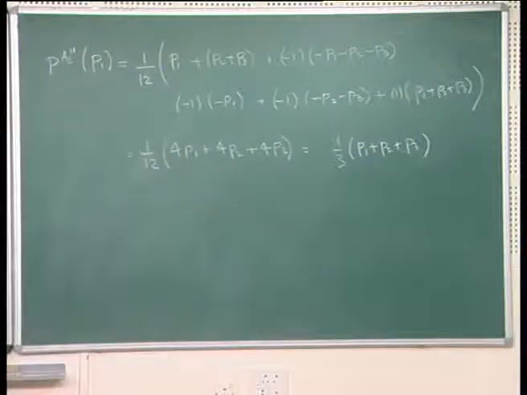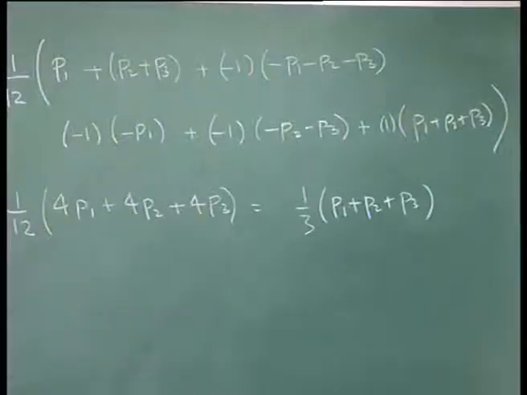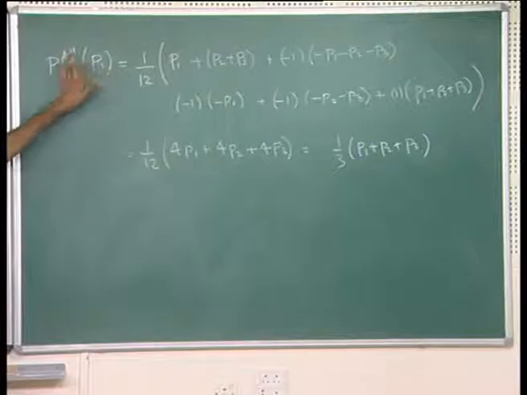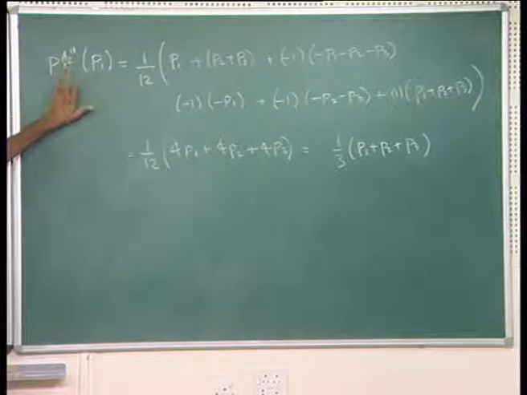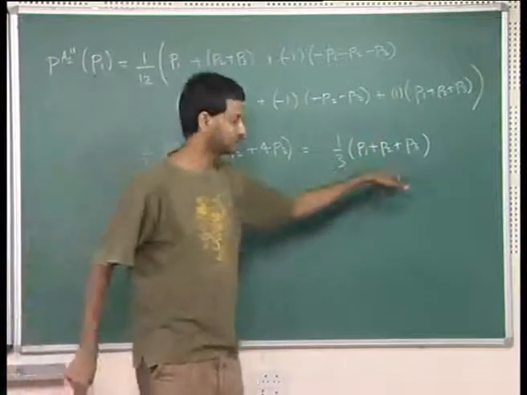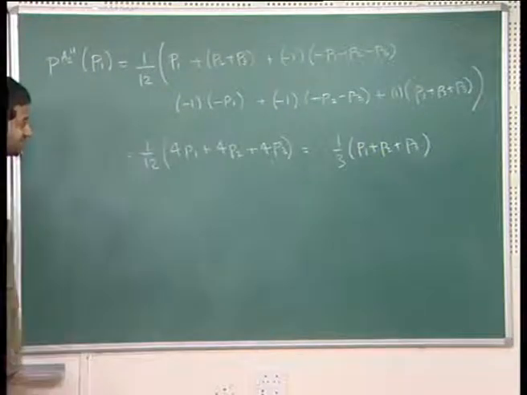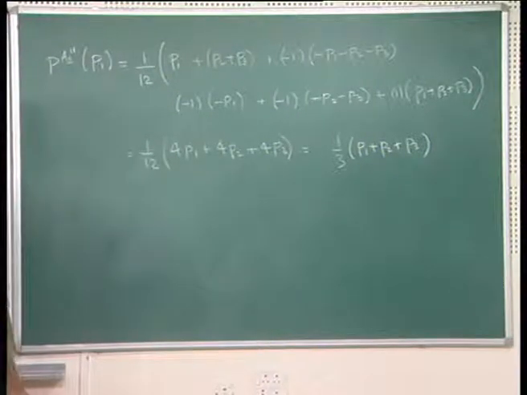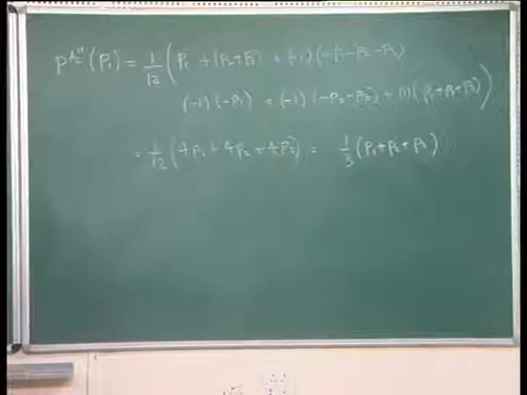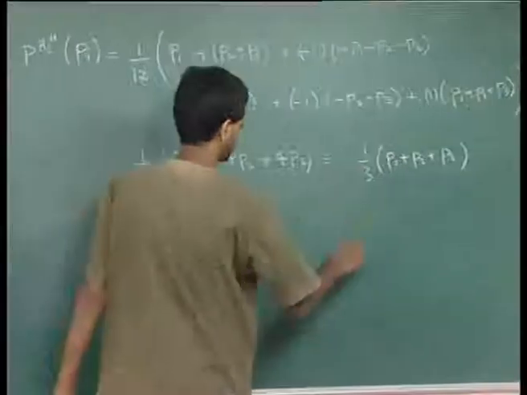Okay. So, when you project P1 onto A2 double prime, onto this irreducible representation, you get a linear combination of P1 plus P2 plus P3. Or you just get a sum of P1, P2 and P3, and if you want, you can normalize this by making it 1 by root 3.